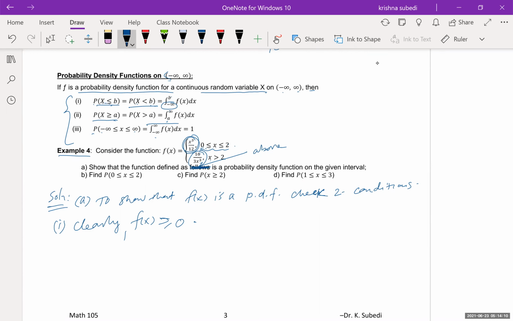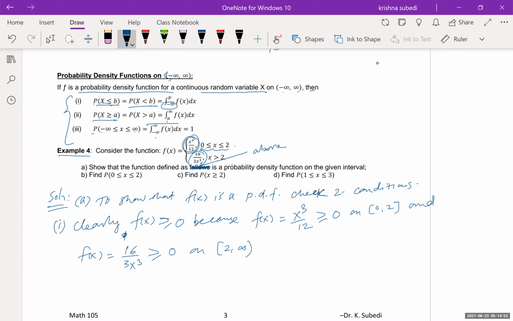Because f of x is greater than or equal to 0, there are two pieces. x cubed over 12 is always non-negative on the interval 0 to 2, and f of x equals 16 over 3x cubed is always non-negative on the interval 2 to infinity.